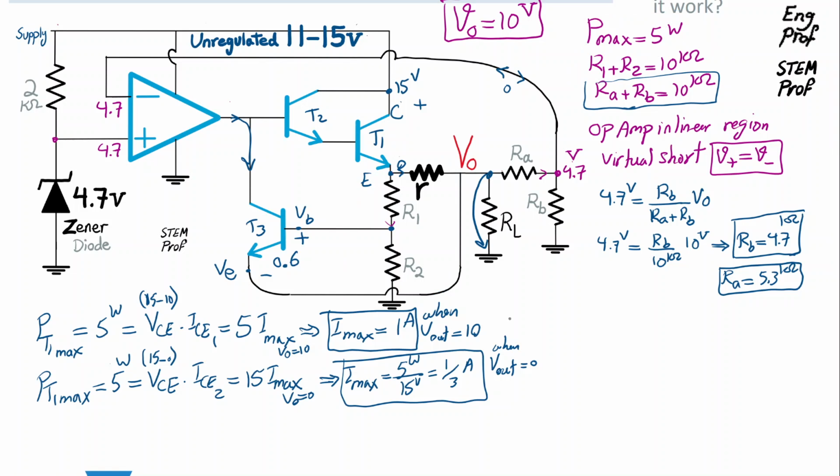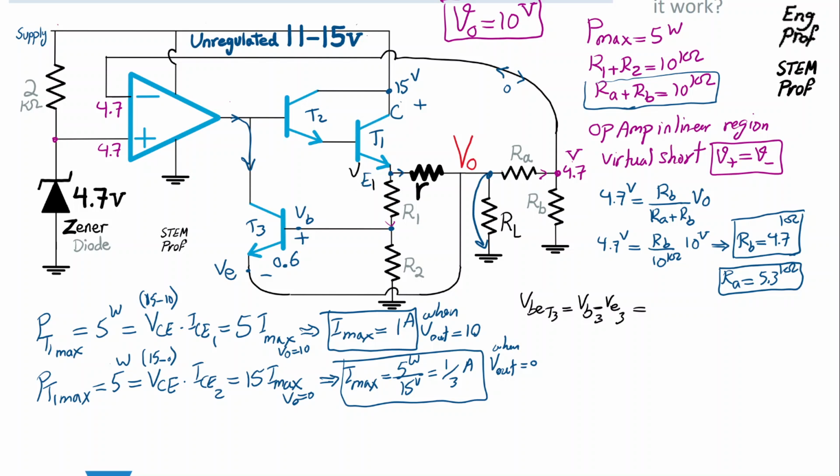So let's then find the requirement to get 0.6 volt threshold for the voltage of base emitter of transistor T3. So I can say voltage of base emitter of transistor T3 is equal to voltage of base minus voltage of emitter of that transistor, which means voltage of base is this voltage, which is, let's say, V emitter of transistor 1.